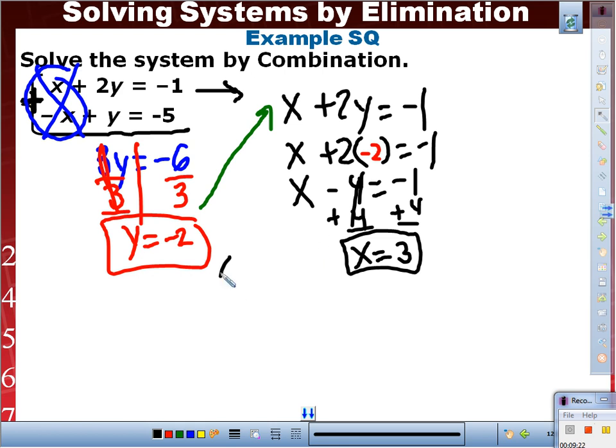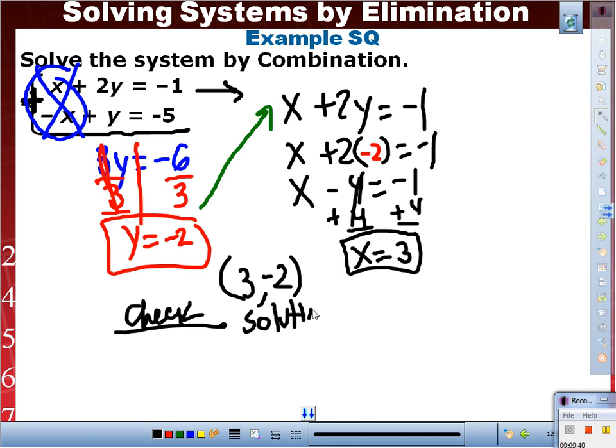Step 5, 3, negative 2. You write your coordinates. And of course, we do what? Check. And for right now, I'll let you do the check on your own. And then afterwards, you write solution. Are we there so far?